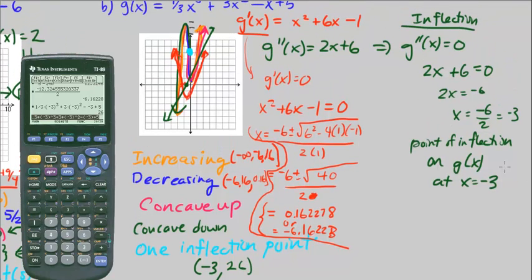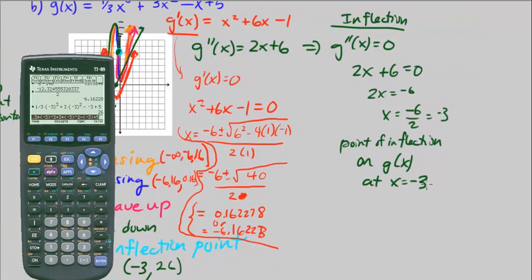Does that match our graph? Yes, because this point, negative 3, comma 26, is around that blue point right there. So then, where's it concave down? Well, it's concave down to the left of that point. Or you can even say, where is the second derivative less than 0?